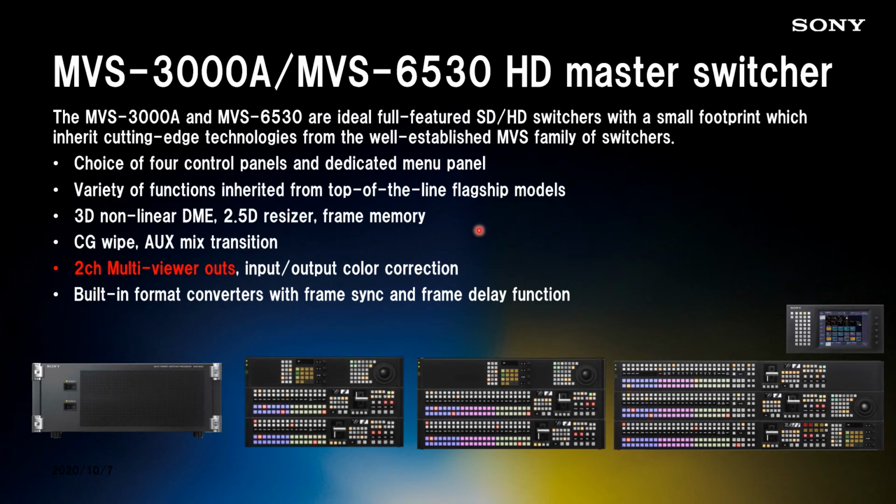Other optional features like format converter and 3D DME are available depending on your configuration. Of course, you can select different types of 2ME, 3ME panels with different numbers of cross-point buttons. You can also choose to purchase a third-party touch panel to replace the standard touch panel.